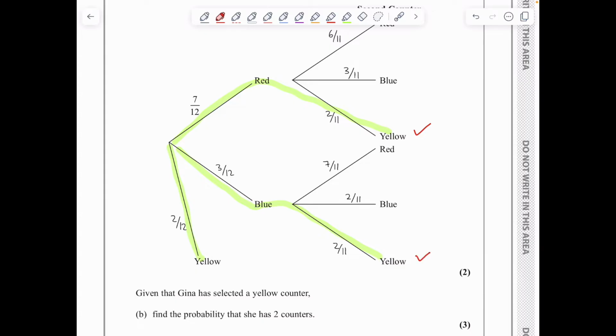So I'm going to have in the numerator the sum of these 2 probabilities, and in the denominator what I know for sure to have happened, which is the 3 scenarios here.